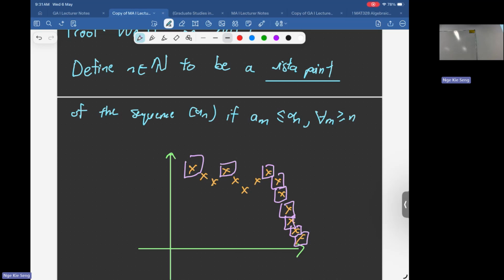But if you stay here, someone is higher than you. So it's like a vista.